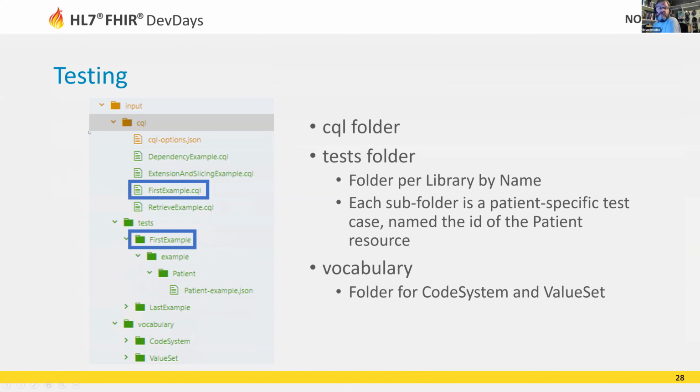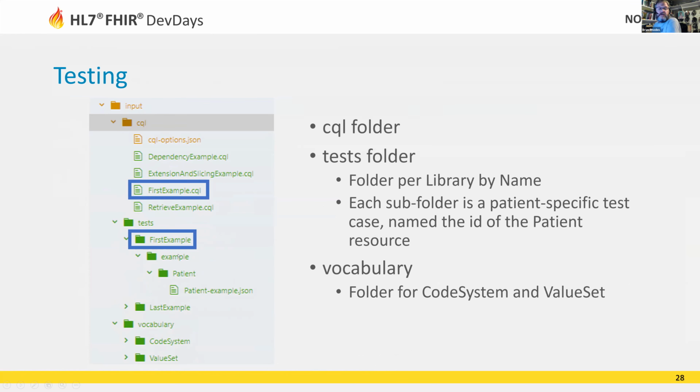In particular, inside your input folder, you have the CQL folder that contains all of your source CQL. As a peer to that, you have a tests folder. If you have a folder within that tests folder named the same as your library name, then that's a set of tests that will be run against that library.